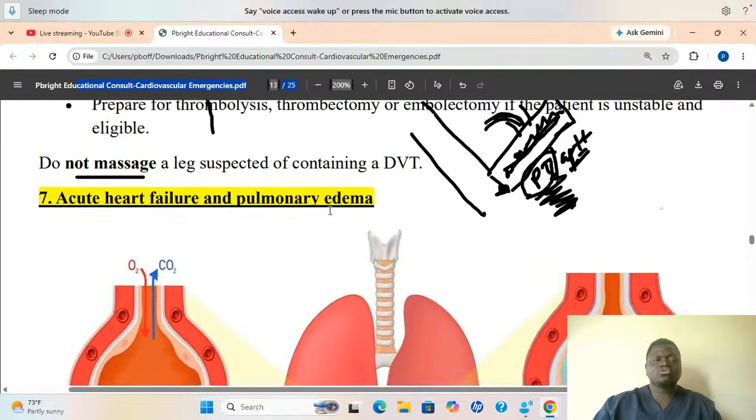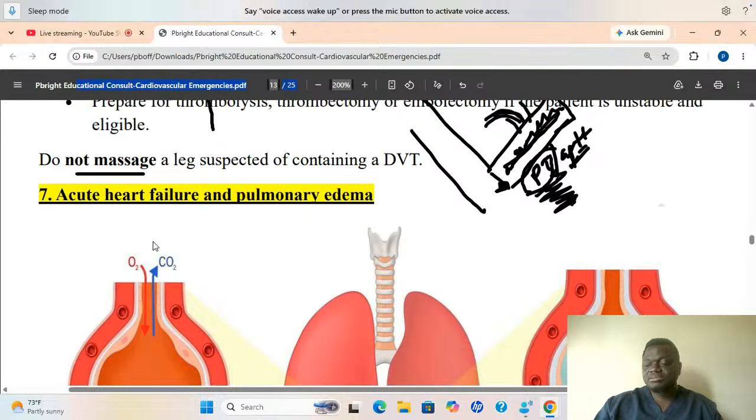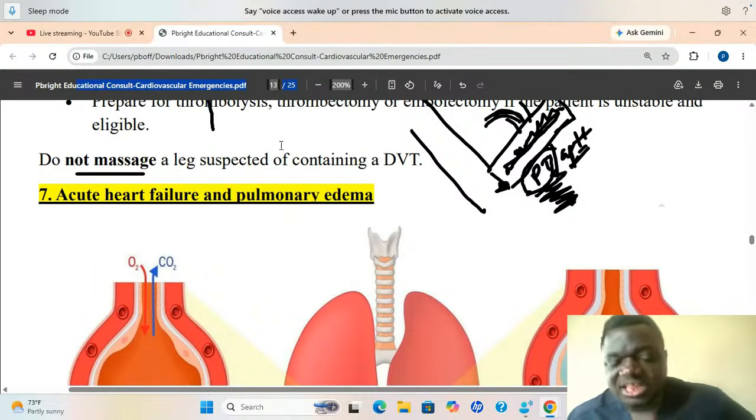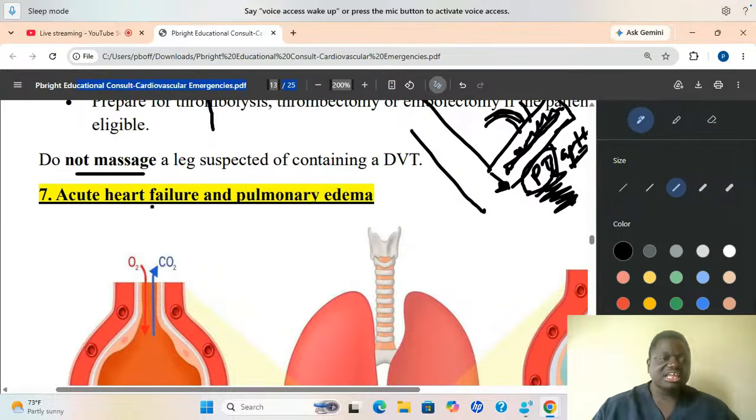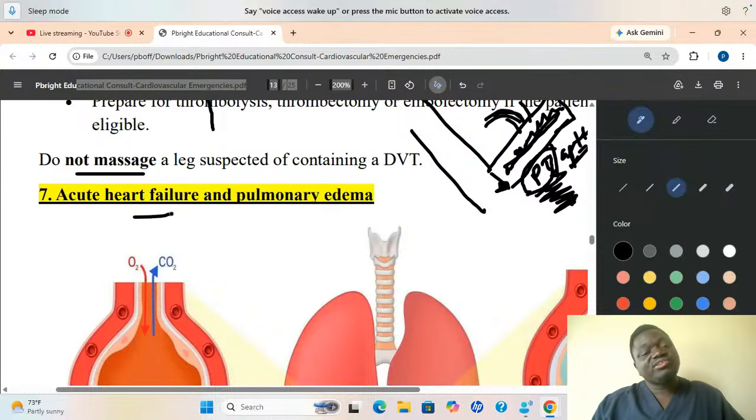So the next emergency medical condition. The next emergency that you can meet in cardiovascular is what? Acute heart failure and pulmonary edema, fluid retention.